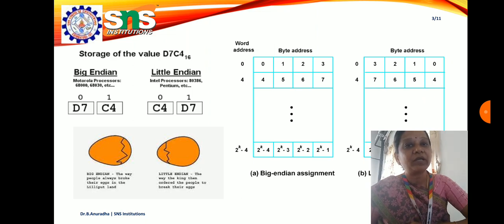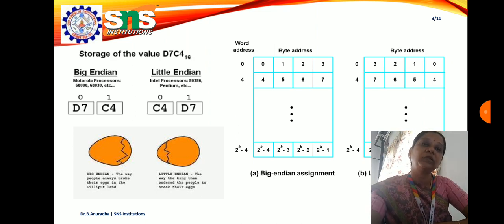The value stored in this sample example is given as D7C4. In the Little-Endian method, C4 is the lower byte which is present in location zero, and D7 is the higher byte which is present at the most significant position. Whereas in the Big-Endian method, the lower byte C4 is present in the first location, whereas the higher byte D7 is present in the least significant position.